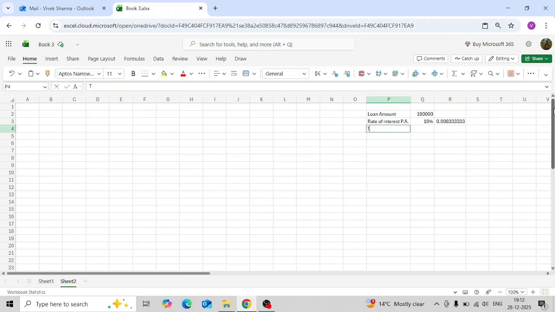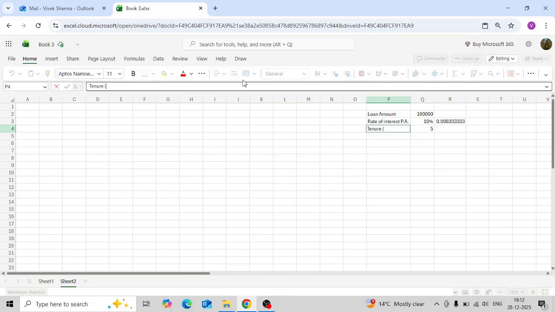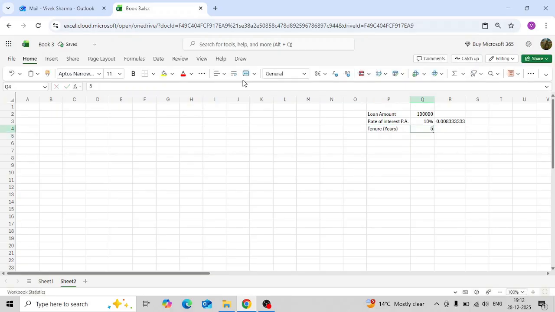Next is tenure. What would be the tenure for the loan that we are going to take? So let's say the tenure for the loan is 5 years, and this tenure is in years. Also, when we make an EMI, it would be a monthly payment, right?